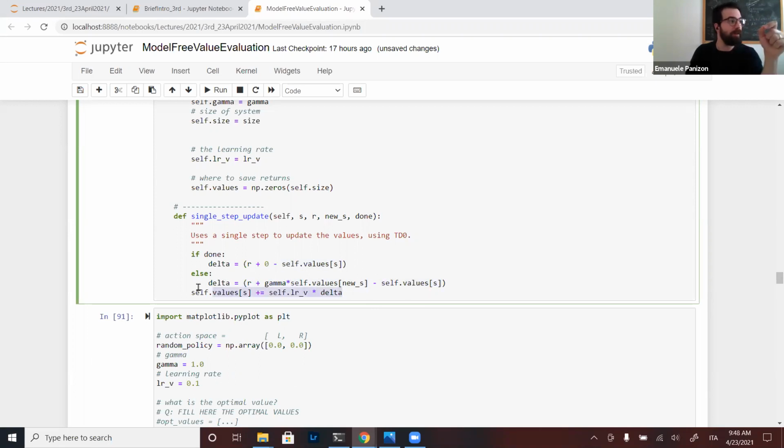Then I do just the small update. The value is updated by summing the small coefficient alpha, which is now a learning rate, sorry, multiplied by delta. So this entire temporal difference algorithm is essentially 4 lines, and it's very, very simple to write.